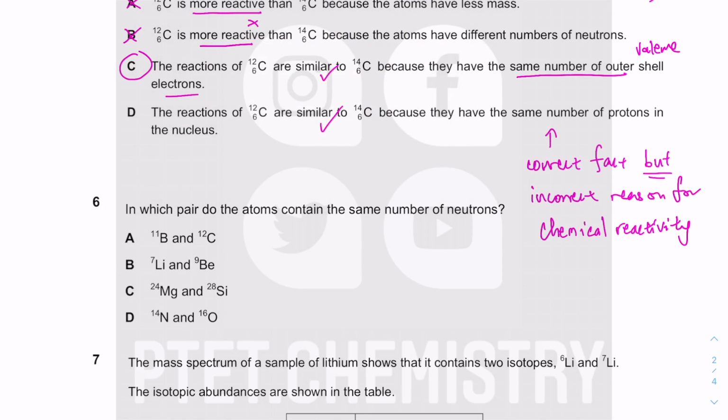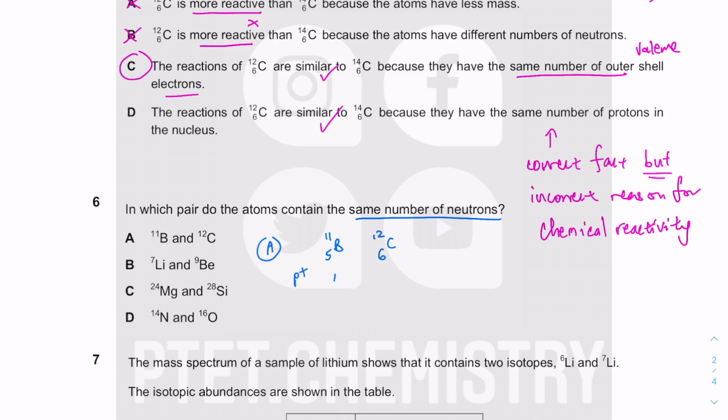Next question. In which pair do the atoms contain the same number of neutrons? This is one of those questions where you have got to set things up properly. Boron is element number 5. You can get that from the periodic table. Carbon is element number 6 from the periodic table as well.